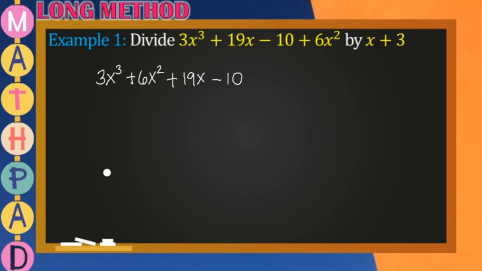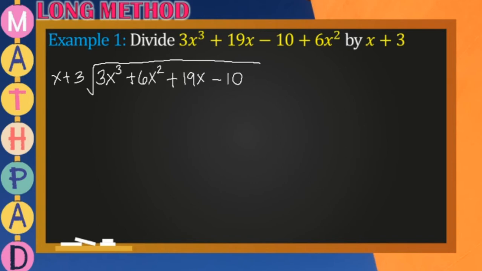If ever there is a missing term, you have to replace the missing term with a term with 0 coefficient. But since we have no missing term here, we will not do that procedure. Next, it's just like the division we did in elementary, right? The only difference is that here we have variables. Then we copy the divisor here: we have x plus 3.